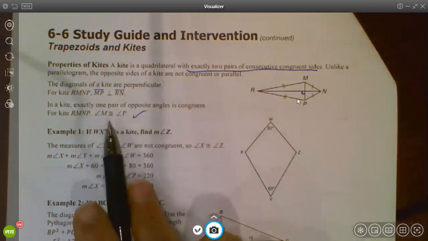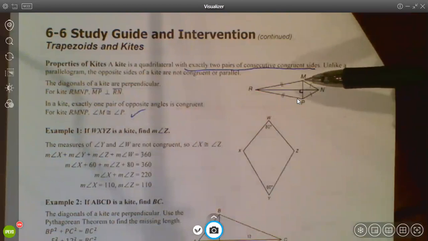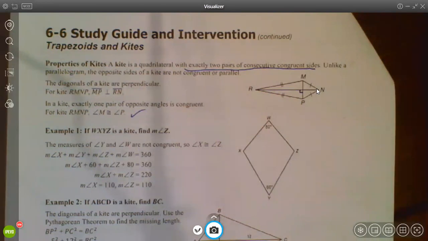That's what they're trying to tell you right here: you're going to get exactly one pair of opposite angles that are congruent, and it's always going to be the pair between the non-congruent consecutive sides. So you're always going to get one pair of angles that are not the same, like N and R, and one pair of angles that are the same, like M and P.